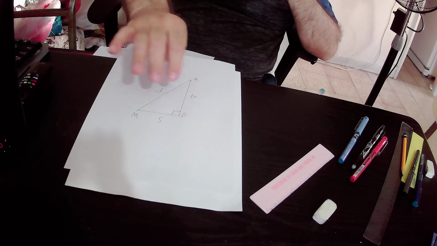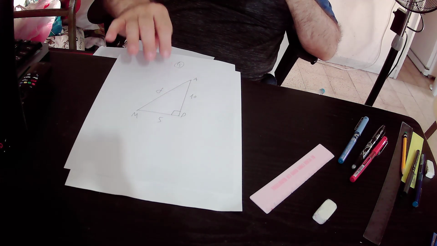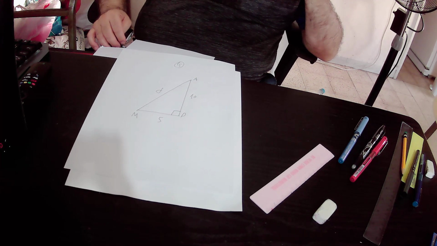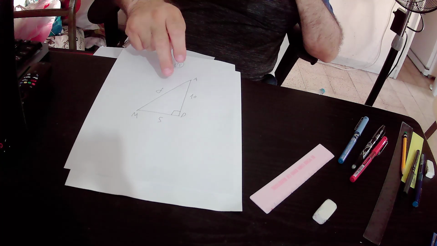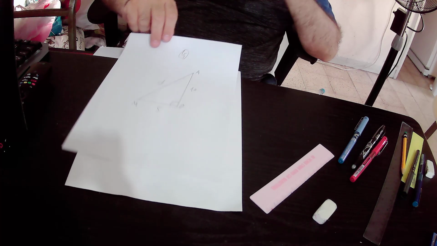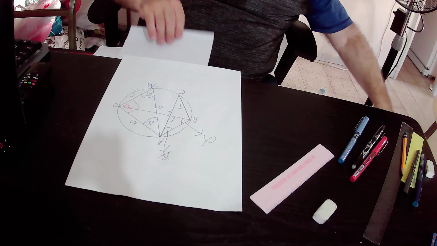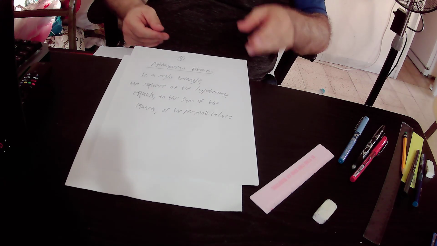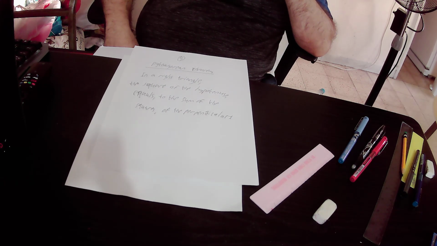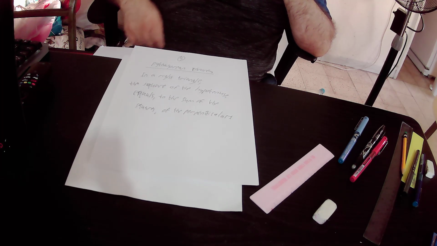Side AD equals 10 units, side MD equals 5 units, and we can use the Pythagorean theorem in order to find out the value of D. The Pythagorean theorem states that in a right triangle the square of the hypotenuse equals the sum of the squares of the perpendiculars.